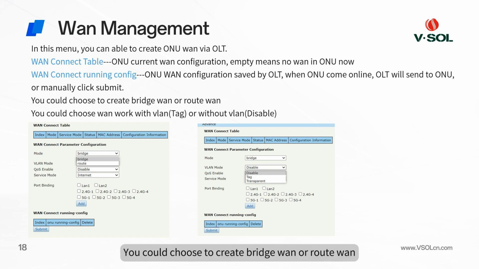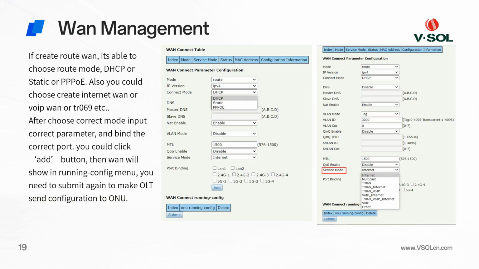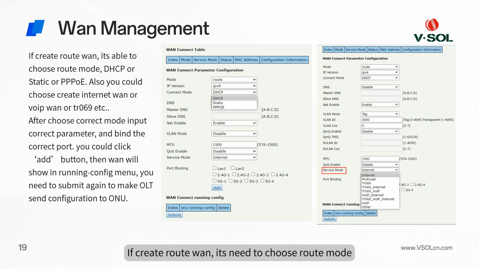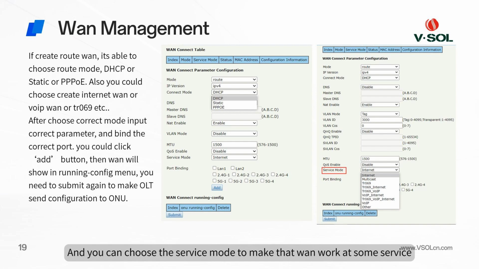You could choose to create Bridge WAN or Route WAN. And you can choose WAN to work with enable VLAN or disable VLAN. If creating Route WAN, you need to choose route mode. You are able to choose DHCP, static, or PPPoE mode. And you can choose the service mode to make that WAN work for some service.